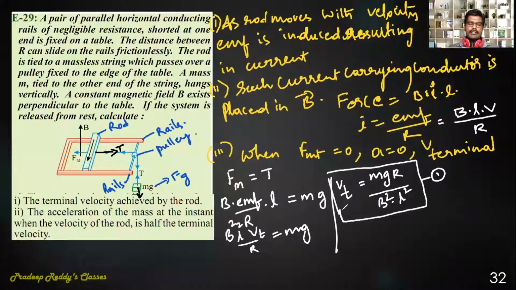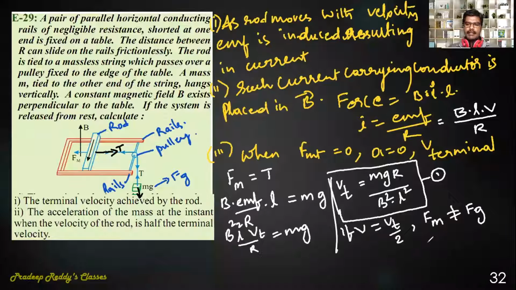Clearly you can understand that when the velocity of the rod is half of the terminal velocity, the magnetic force is not equal to the gravitational force. Both are not equal. The gravitational force magnitude will be greater than that of this magnetic force.